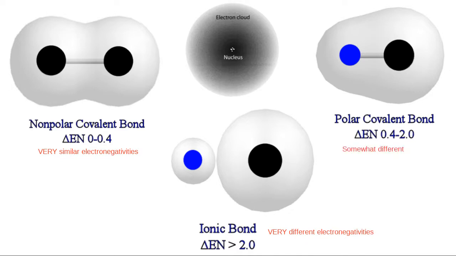If we were putting them in order from least different to most different: very similar or the same with a non-polar covalent bond, somewhat different or kind of middle of the road with a polar covalent bond, and very different for an ionic bond. So if you know them in that order and pair them with this terminology, very different, somewhat different, very similar, that's probably the best way to think about them.